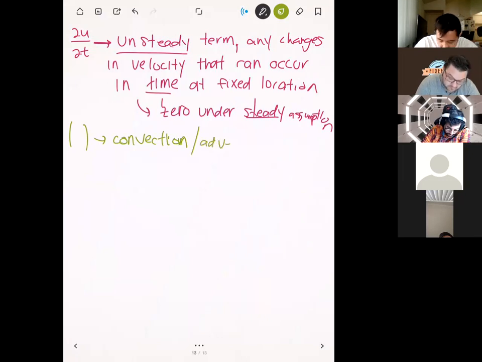Advection and convection are slightly different in reality, but they basically represent the same thing. If you remember these from our material derivative, these represent how the velocities can change in space.